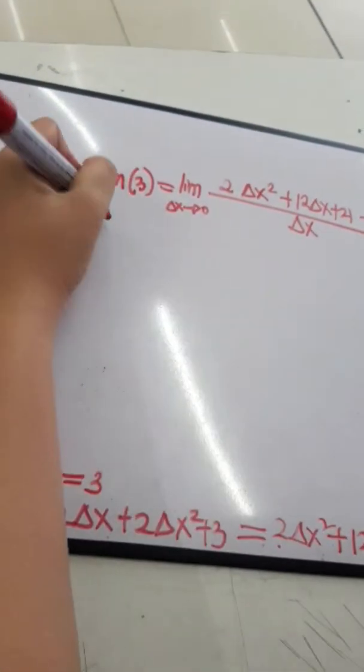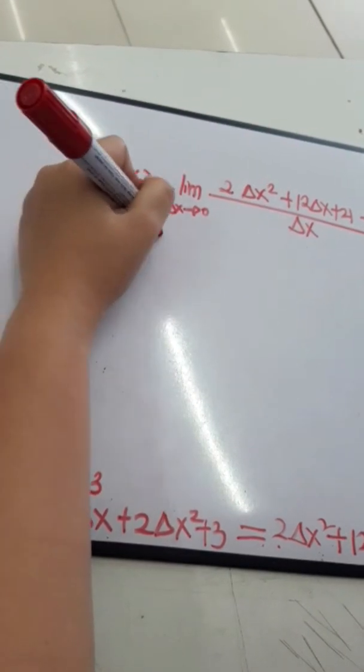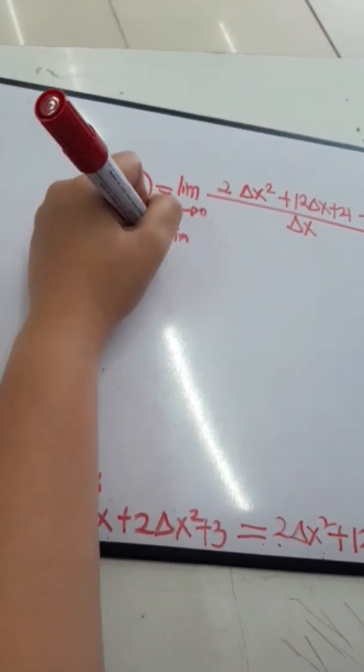So m at x equal to 3 is equal to the limit as delta x approaches 0.